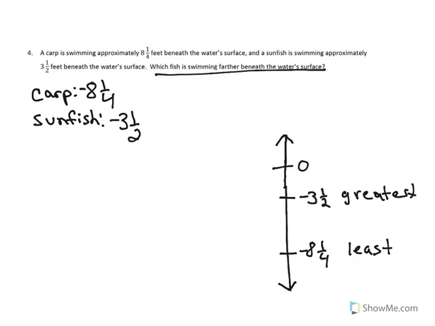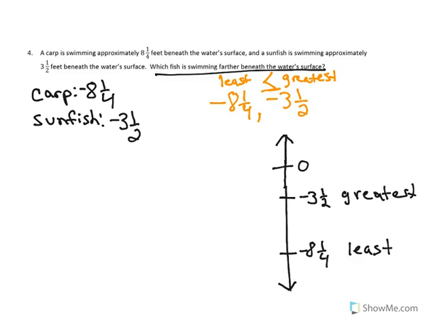So if I wanted to put these in order from least to greatest, I would write negative 8 1/4 is the least, and then negative 3 1/2 is the greatest. So this one is least, and this one is greatest. I would always point my arrow to the least. So I would say negative 8 1/4 is less than, that's my less than sign, negative 3 1/2.